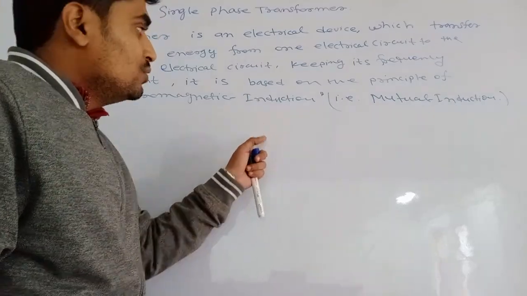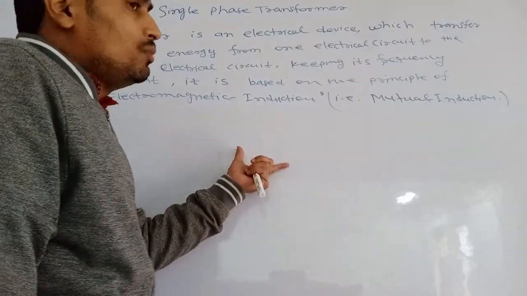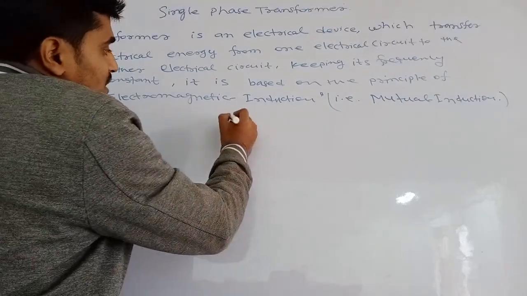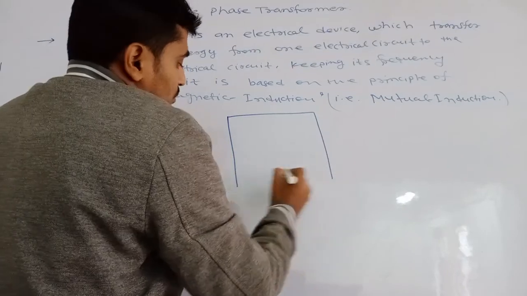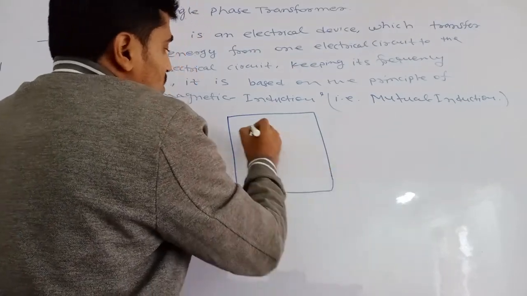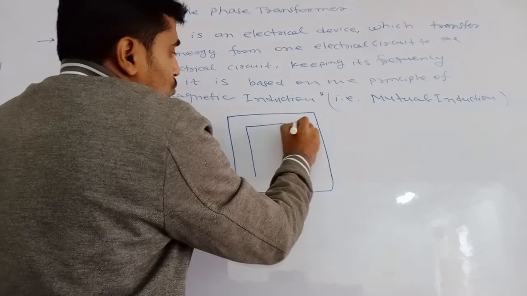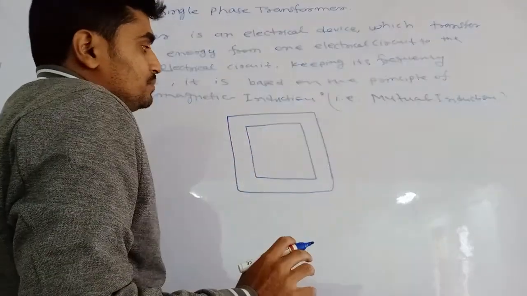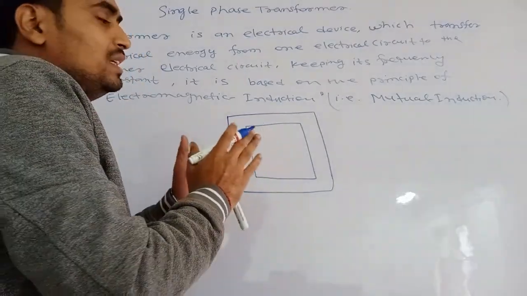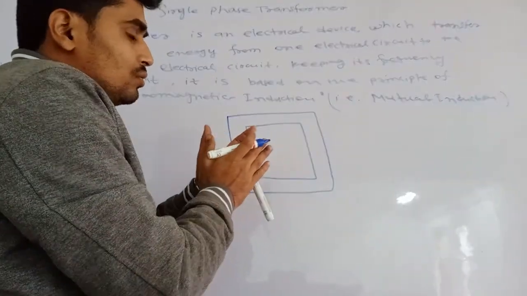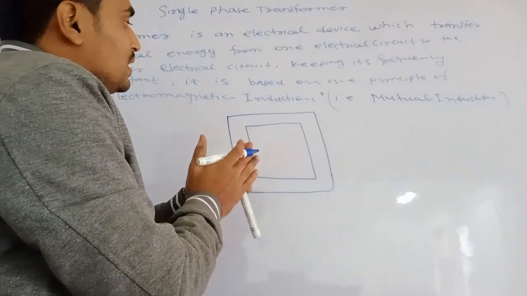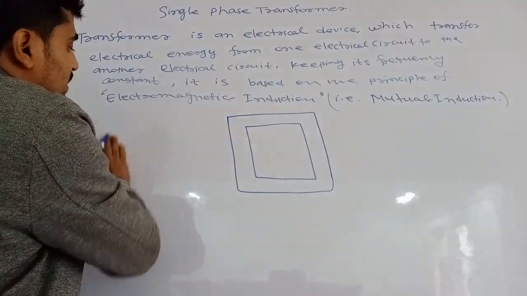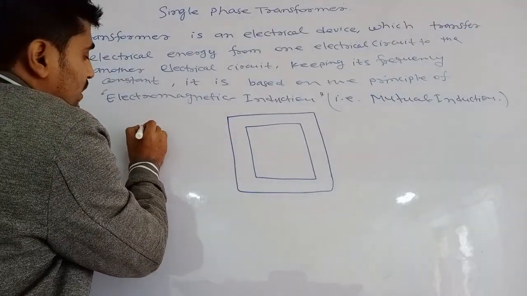We explain it in the figure. Keep watching this video. This is the core of the transformer. The core of a transformer is made from many thin laminated iron sheets associated with each other, and due to this the limb is connected with copper wire.